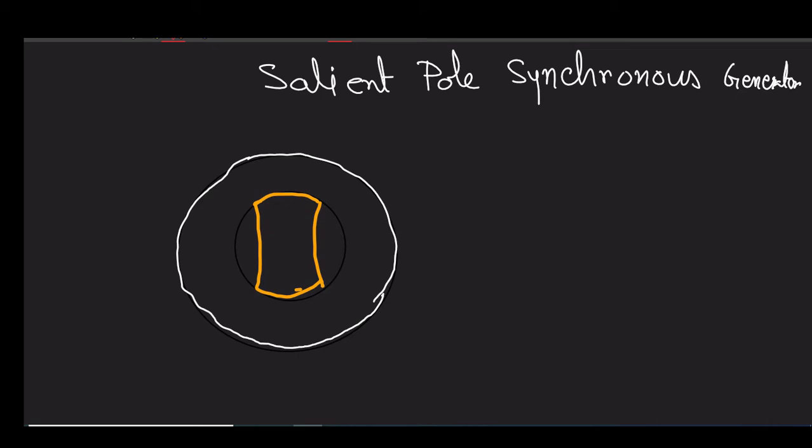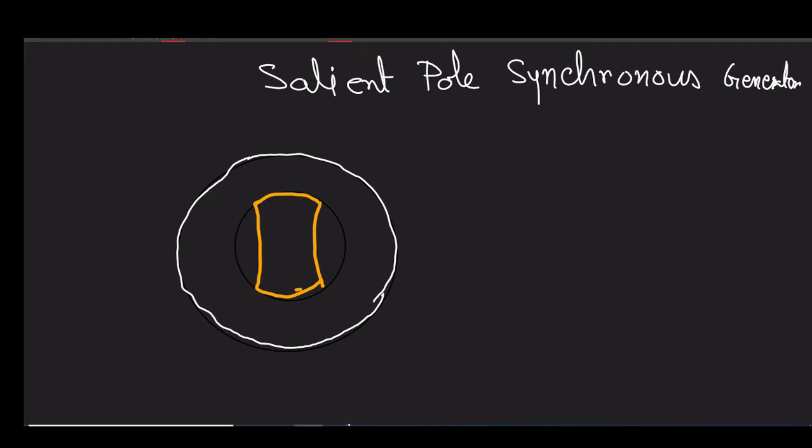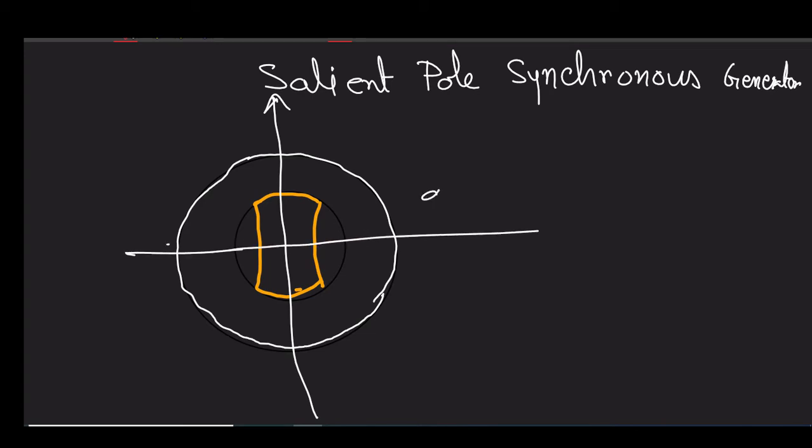Unlike in case of your normal cylindrical rotor machine, here it will have an uneven air gap. If you consider this is your direct axis, and this side is your quadrature axis.